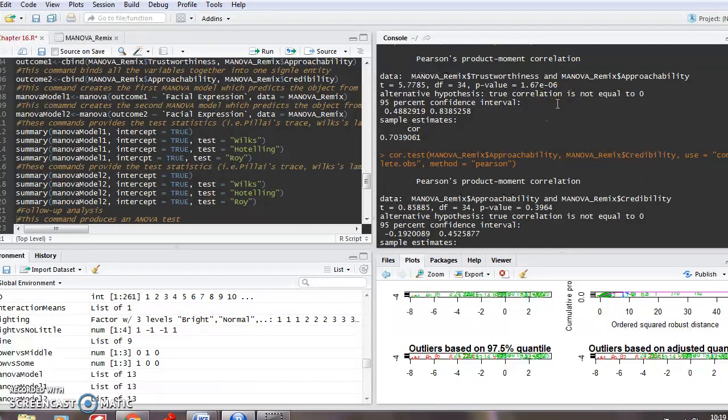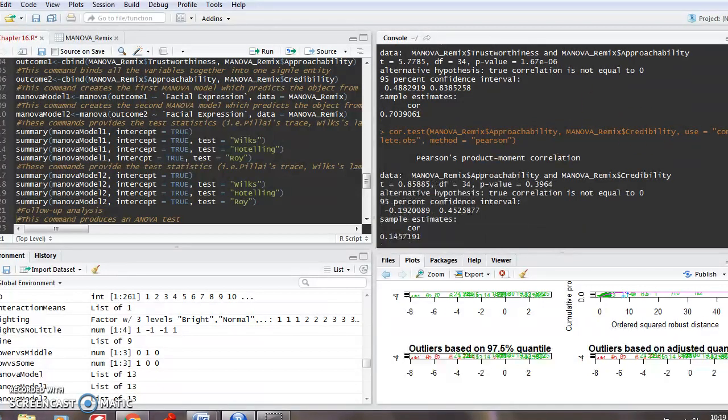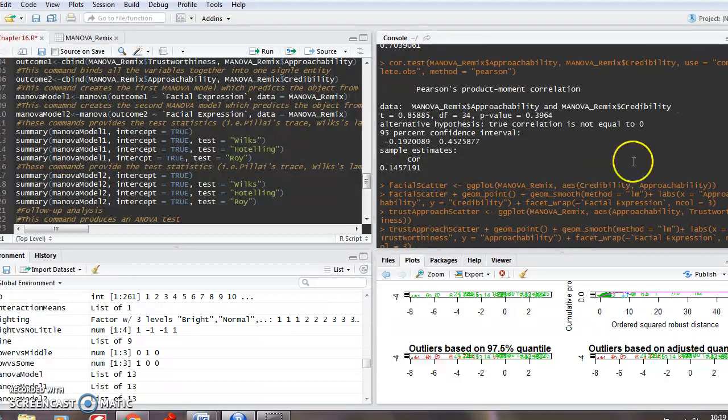With trustworthiness and approachability, we found that these two were highly correlated and positively correlated with one another. And with credibility and approachability, we found that they were little to not correlated with one another.